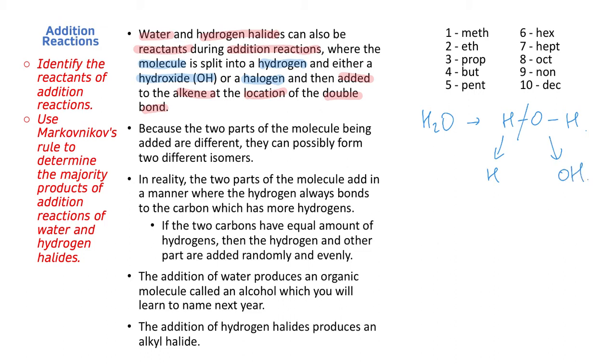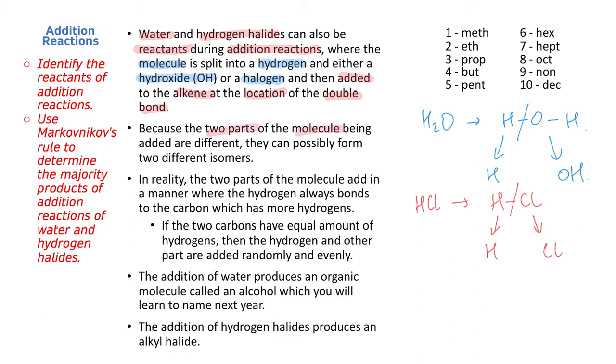If you have a hydrogen halide like HCl, which is just an H and a Cl, you split this up again, and it puts a hydrogen on one carbon and a chlorine, or chloride, on another. So that's the idea: the molecule is split and then added across the double bond.